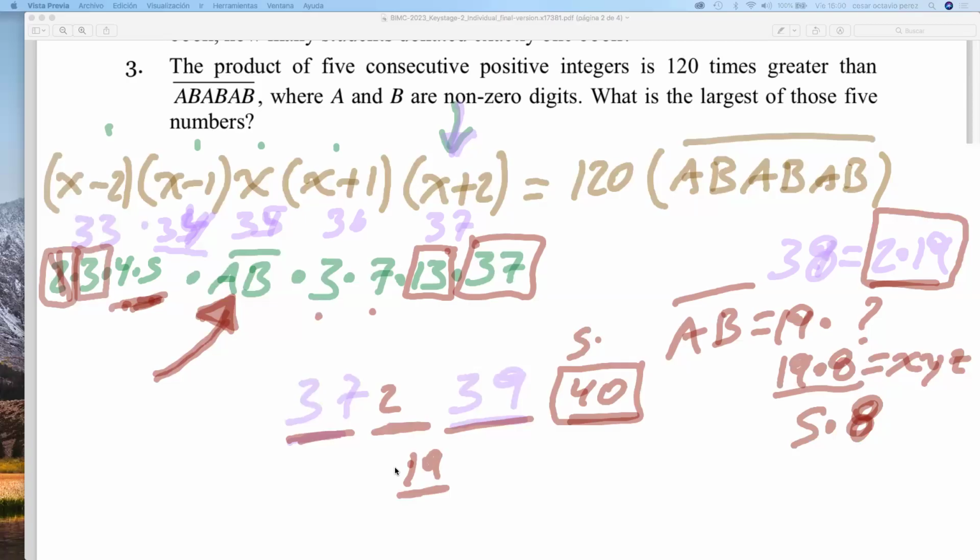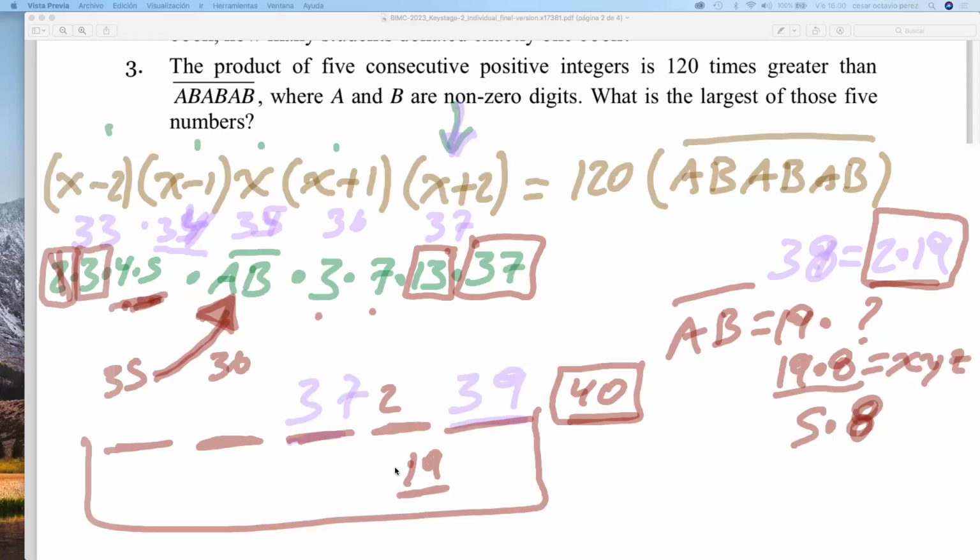41. Okay, maybe we can have here 38, 37, 36, 35. Our solution must be, those can be the 5 numbers.